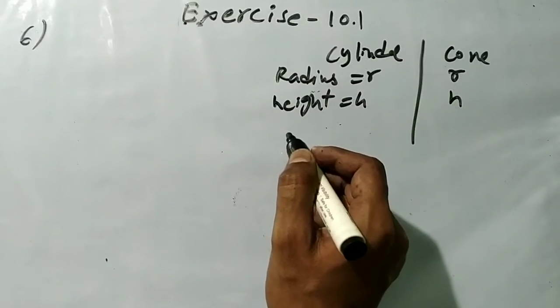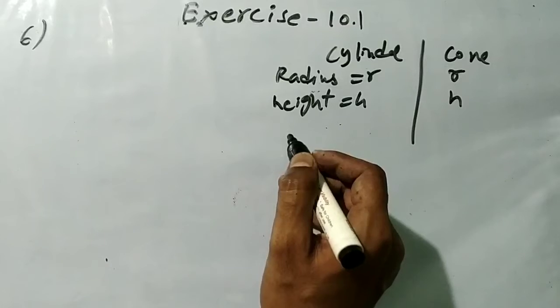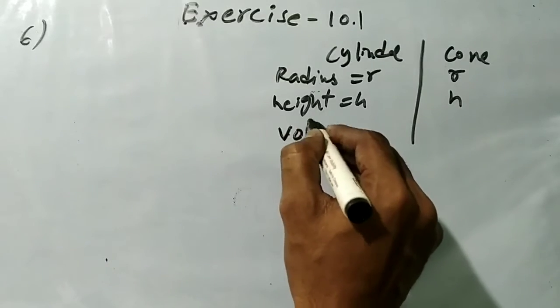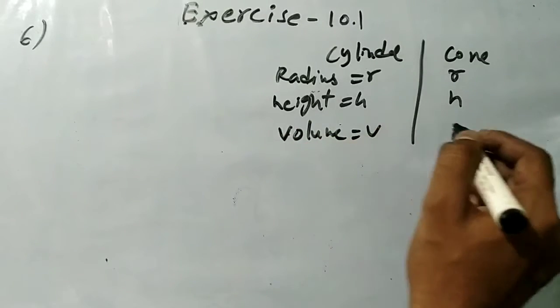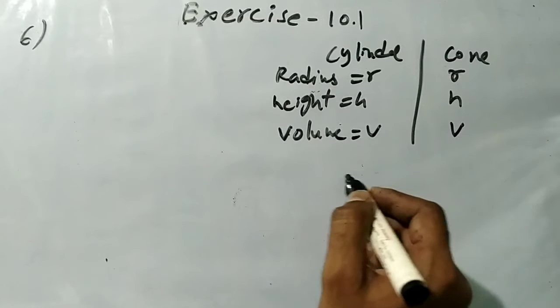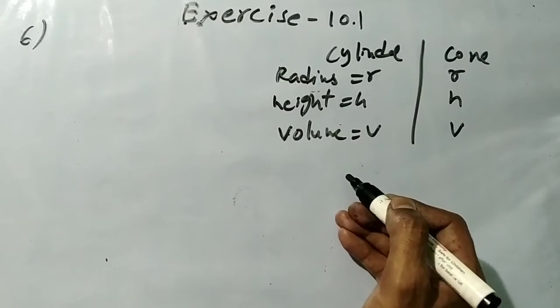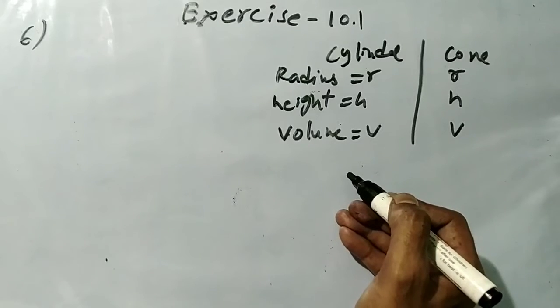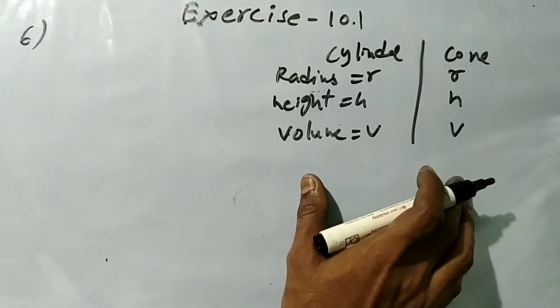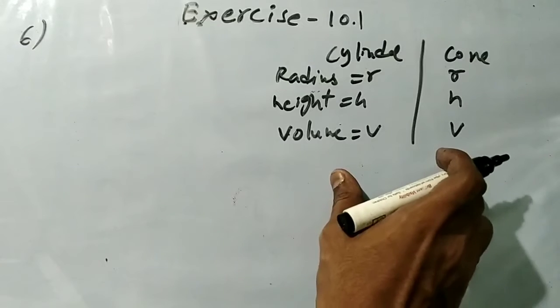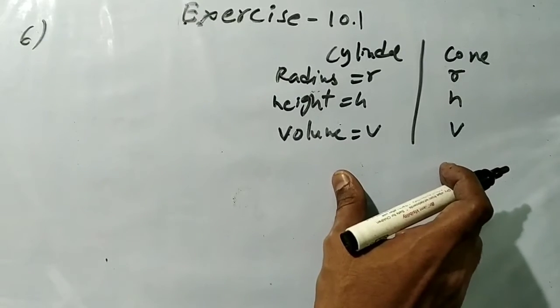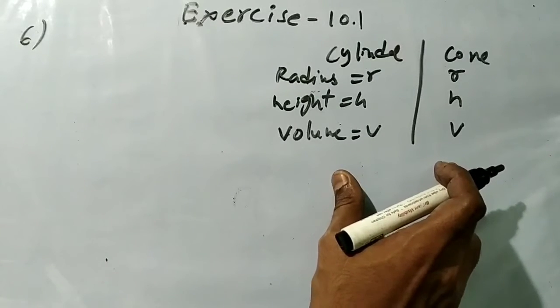They have given the volumes, V here and V here, in the 3:1 ratio. We have to show that the cylinder and cone's volume ratio should be 3:1. We have to prove it.